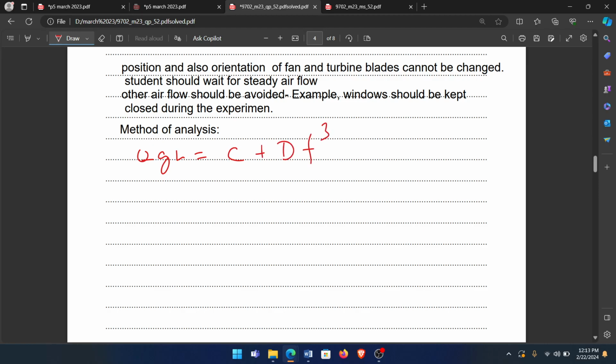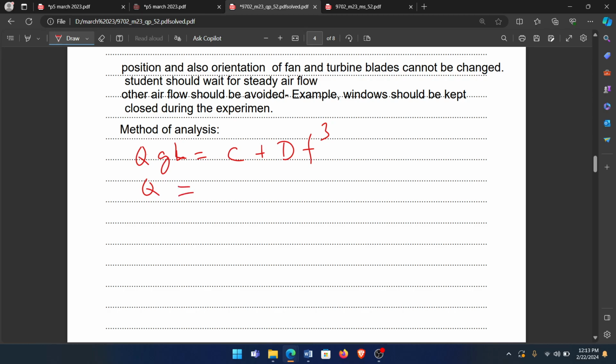Now, look, you have to plot a graph. Your main variables are F and Q, right? Make Q the subject first, right? The y variable must be single. The quantity that you are sending to the y-axis of the graph must be single, right? Make it the subject first.